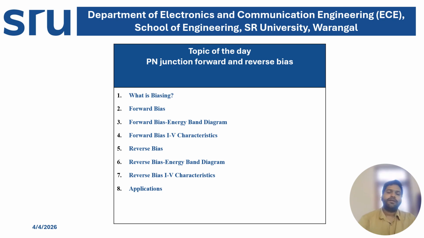There are two types of biasing in a PN junction. The first one is forward bias. In forward bias, the positive terminal of the battery is connected to the P side and the negative terminal of the battery is connected to the N side of the semiconductor material. So what happens in forward bias?